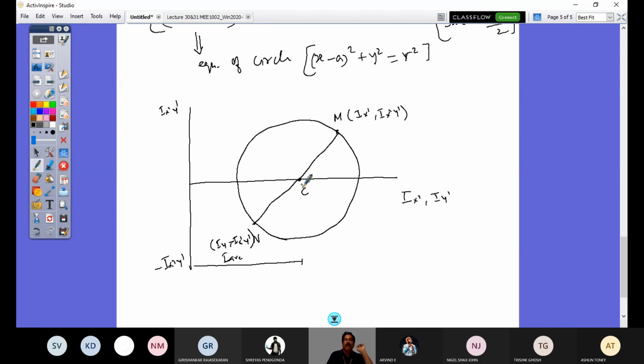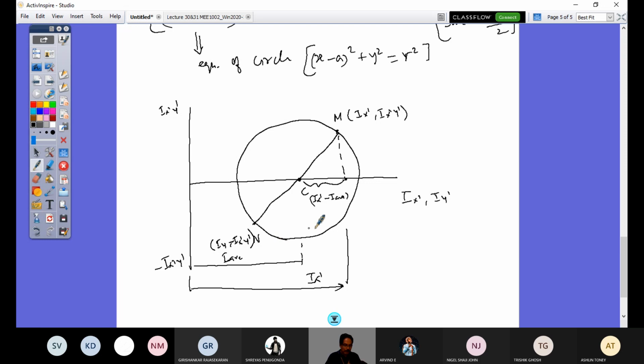So now, if I project this point down, what is the point corresponding to Ix dash? If I extend this down, this point is Ix dash. Till this point, what you have is I average. So if this is Ix dash and this is I average, this portion would be Ix dash minus I average, right?